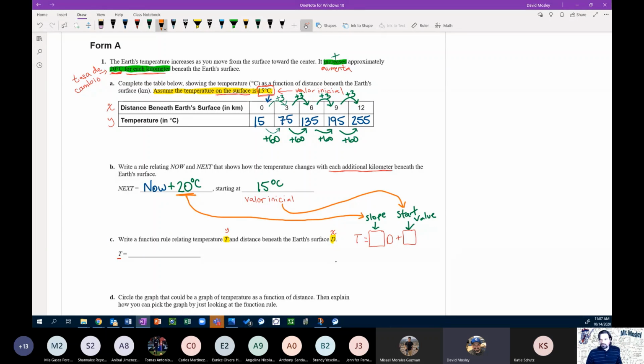Okay. So, Annie is correct. The rule is T equals 20D plus 15.